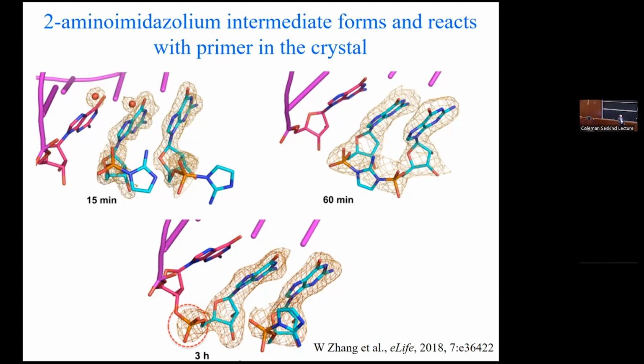We can grow crystals of those RNA molecules with an unreactive nucleotide bound to that template region. Then we soak those crystals in a solution that contains the activated monomers. After just 15 minutes of soaking, the original nucleotides bound to the template are gone, and our 2-aminoimidazole nucleotides have replaced them, bound to the template next to the primer. The purple stuff is the primer.